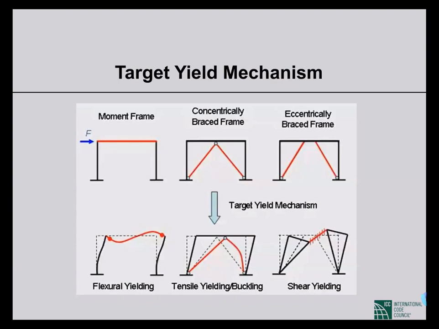So that's very tricky. We have to ensure that it doesn't fail in a brittle manner, but most of the energy is dissipated through the fuse. The fuse will not have brittle failure. It will have a ductile nature. At the same time, all other members will remain elastic. So that is the philosophy for seismic design for steel structures.